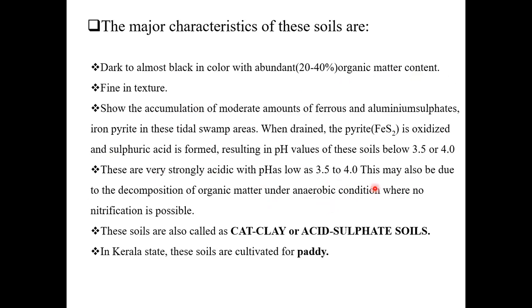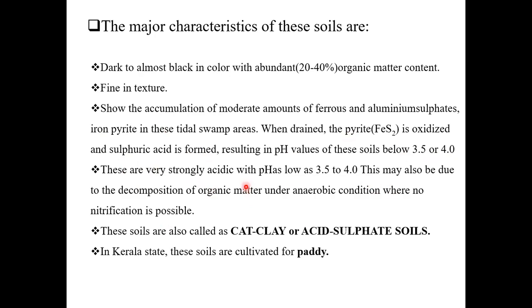All these pH conditions vary depending on the organic matter decomposition, nitrification process, and also pyrite conditions. When there are pyrite conditions or sulfuric acid conditions, we can see pH around 3 to 5.5.